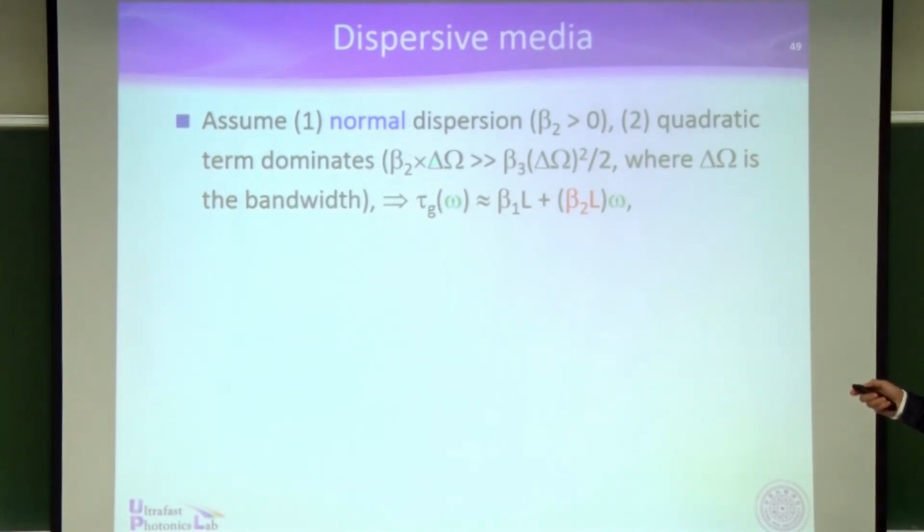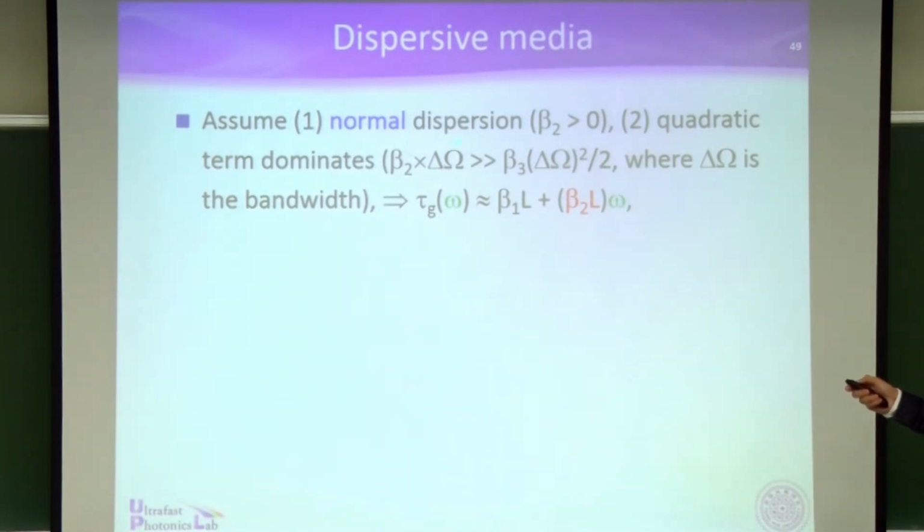So it means quadratic term beta 2 times omega. Omega is replaced by delta big omega, the bandwidth. Okay? Omega is a variable, it changes. But delta big omega is a constant, it's the bandwidth. So we use the bandwidth to estimate the impact of the signal.